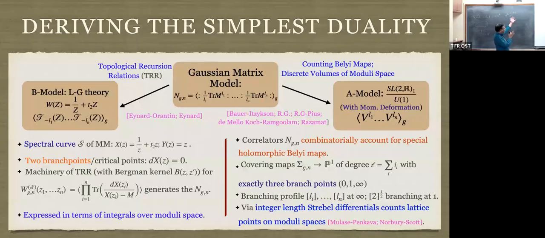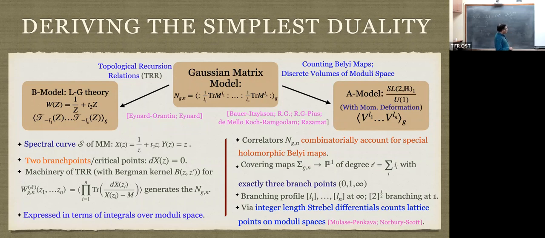So anyway, that is the part about verifying the duality. And I just want to give a sketch of how we are thinking about it as a derivation of these correlators over here, which are given by certain correlators in the A-model.